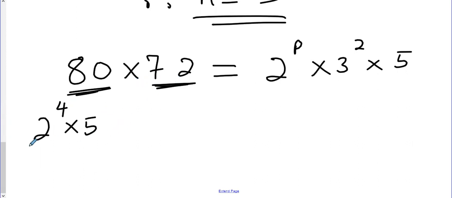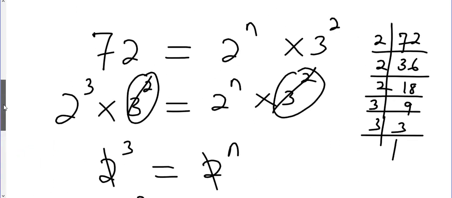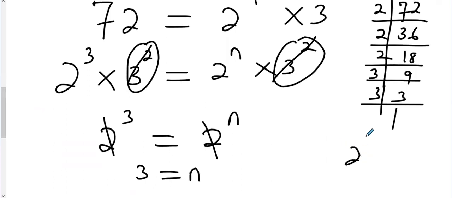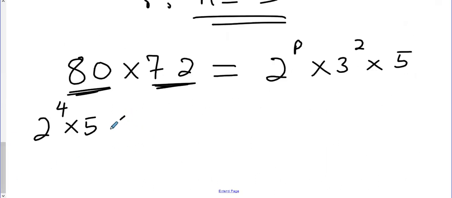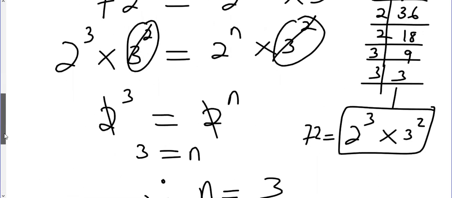And 72, you can go ahead copying it. 72 is 2 to the power of 3 times 3 to the power of 2. So we have times 2 to the power of 3 times 3 to the power of 2. Let me check. Yes.